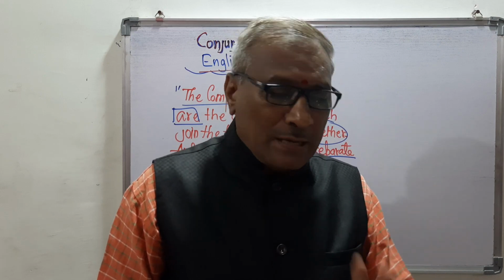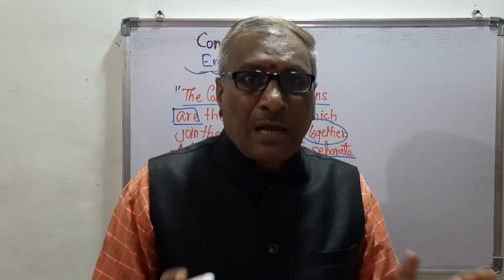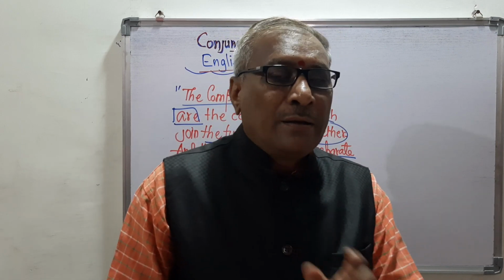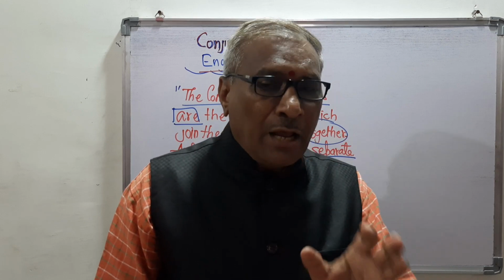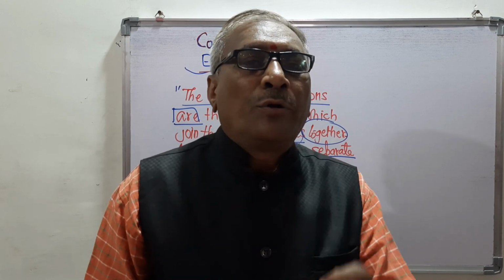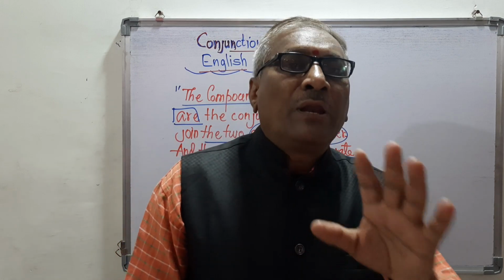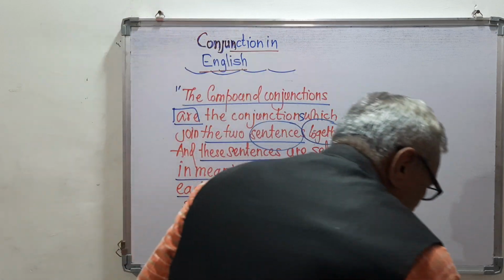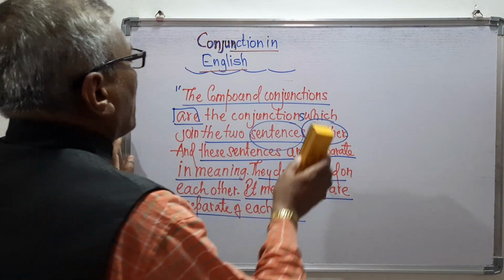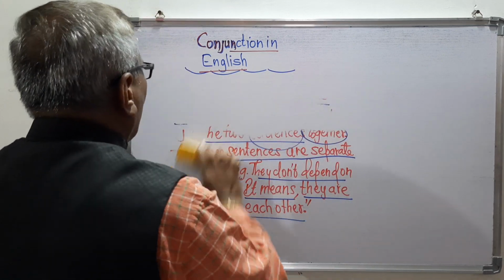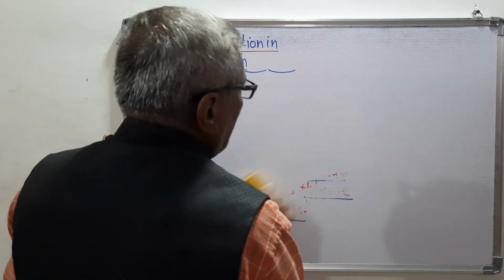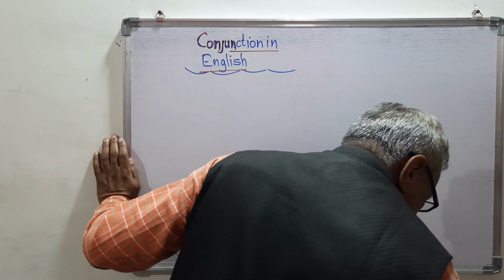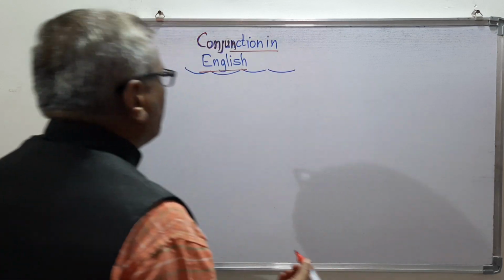In the compound clause, the sentences are separate, and in the complex clause, they really depend on the main clause. That is the difference between the compound clause and the complex clause. So here we are discussing the definition of the compound sentences, or the compound conjunctions.